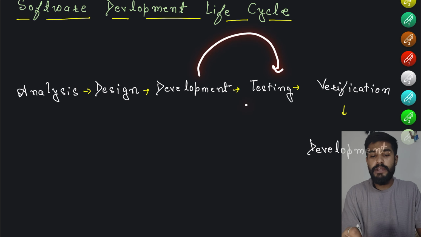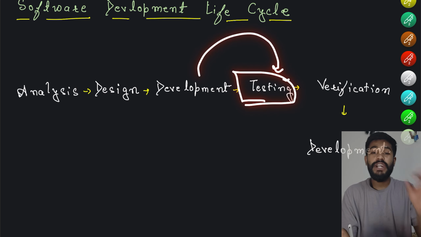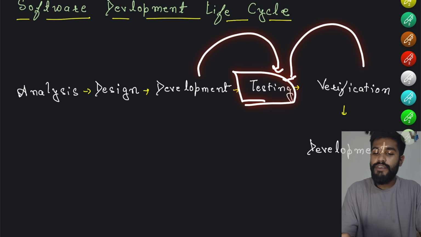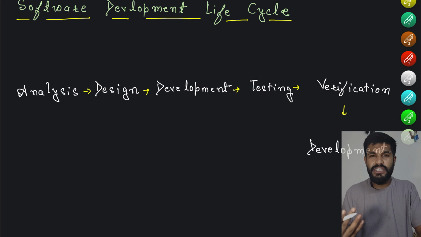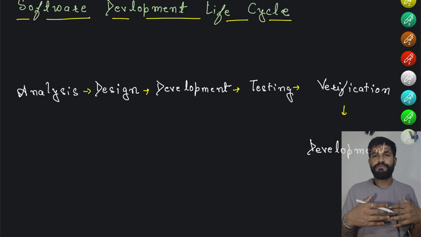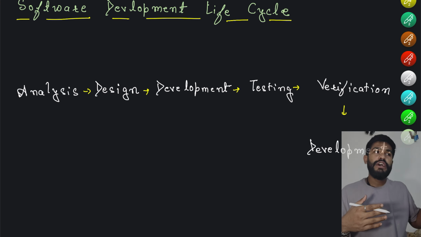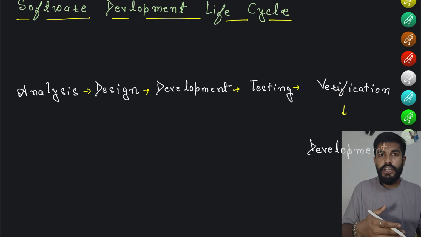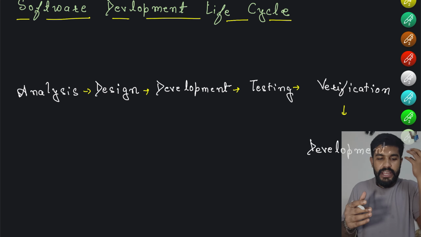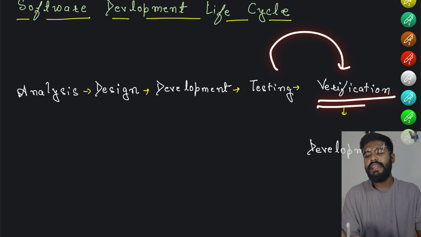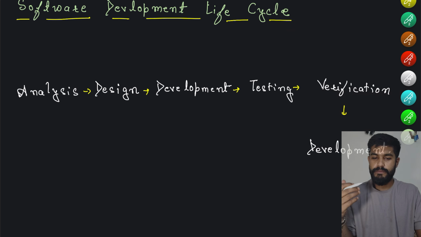Then we test that object if it is fit enough as per the expectation. Then a verification is done, like if the implementation is good enough, if the code is working as expected, whether whatever was in the analysis and the requirement fits with whatever is made after testing. That is the final verification process, and then we do the deployment.